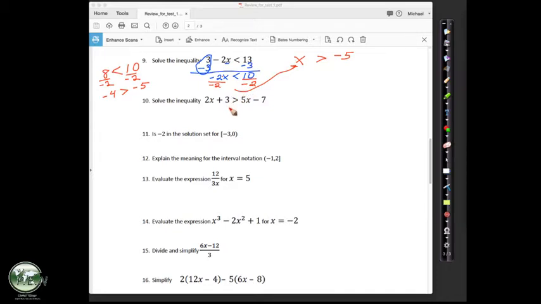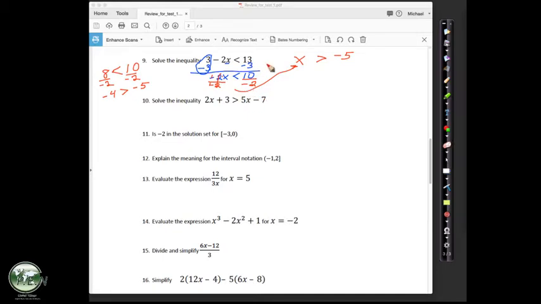Yes, over here it made it positive, and the 2's canceled. That's true. But the other thing it did, since we did it to both sides, it actually changed the direction of the inequality, if we divide by the negative.